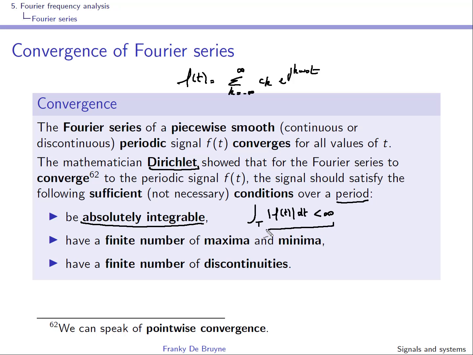This is the main condition, and there are two other rather technical conditions, because in practice signals will surely meet these two conditions. The function f of t must have a finite number of maxima and minima and a finite number of discontinuities.